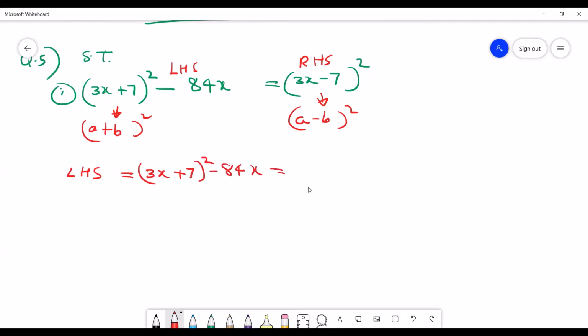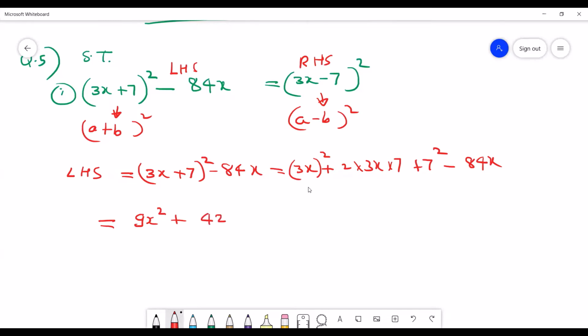It is equal to (3x) whole square, a square will come, plus 2 into 3x into 7 plus 7 square minus 84x. So we will get 9x square plus 2 into 3 into 7, which is 21, and 21 into 2 is 42.